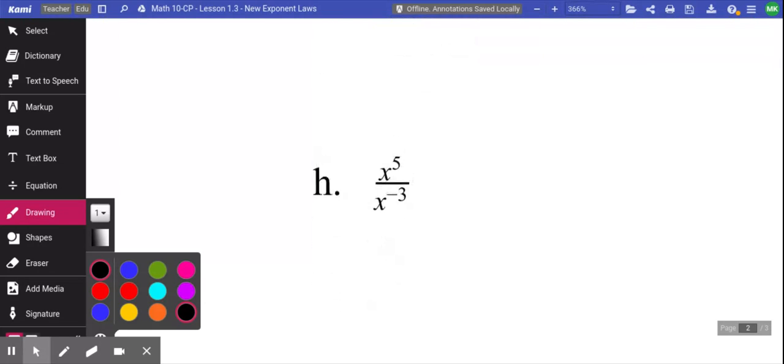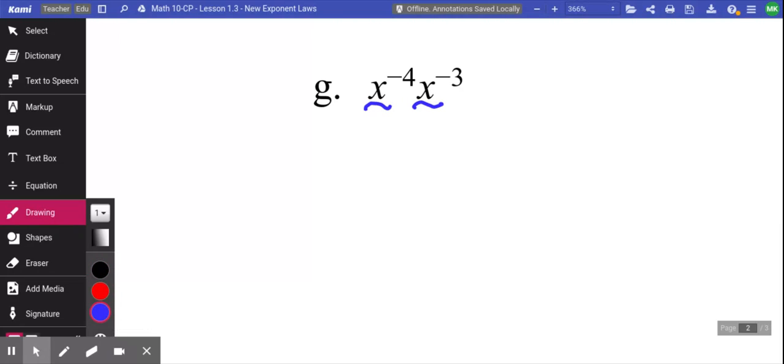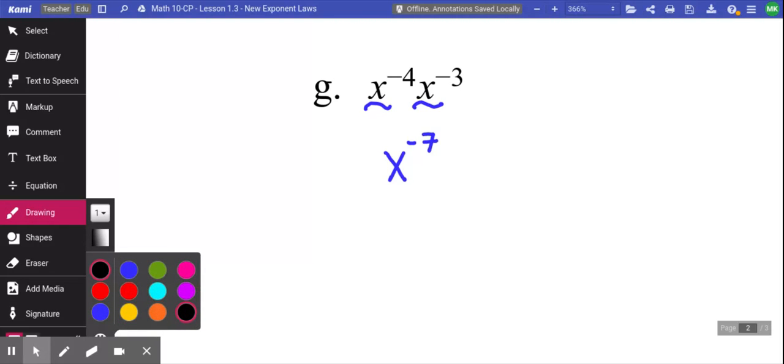We got one last one. Oh no, two, sorry. So we look at that. These are the same base being multiplied together. So if it's the same base, I should add the exponents. Negative 4 plus negative 3 is negative 7. Then I need to deal with that negative power.